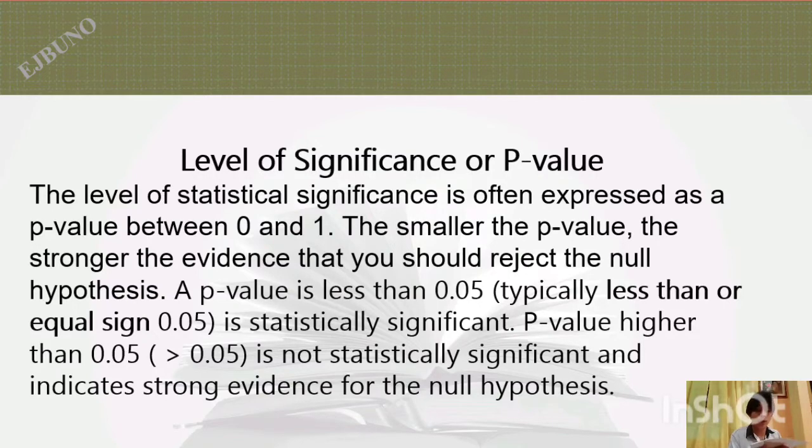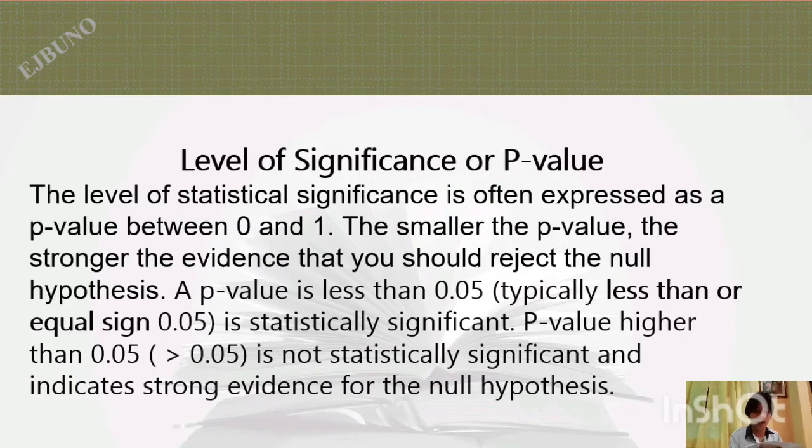Level of significance or p-value. The level of statistical significance is often expressed as a p-value between 0 and 1. The smaller the p-value, the stronger the evidence that you should reject the null hypothesis.